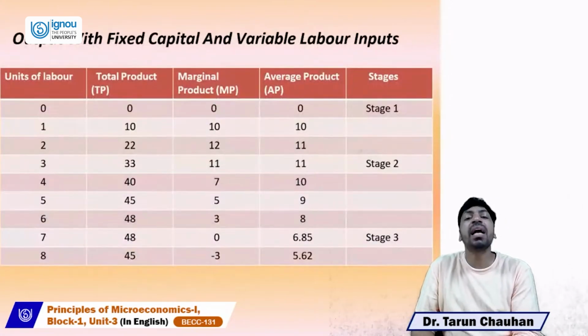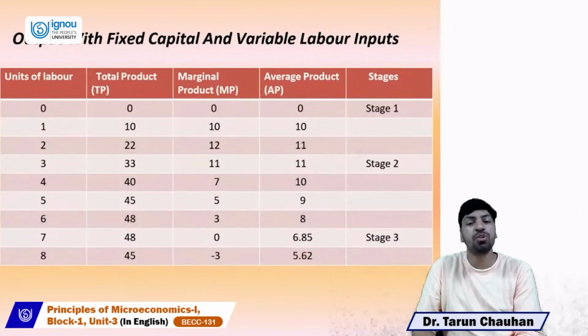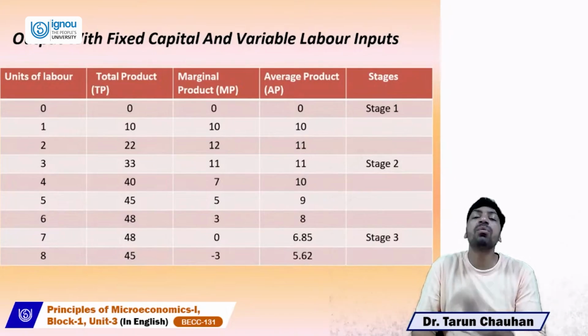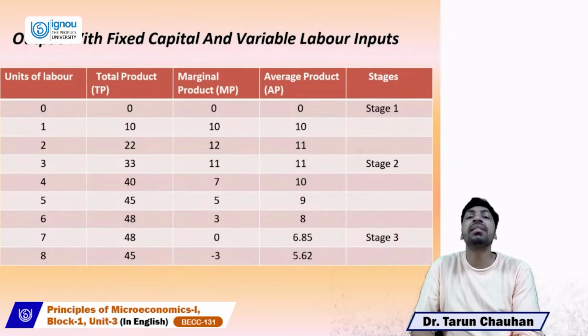How to calculate the average product? It's very simple. The total product divided by the number of units of labor. I repeat, average product is equal to total product divided by units of labor.